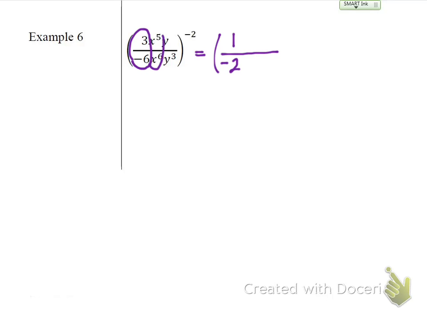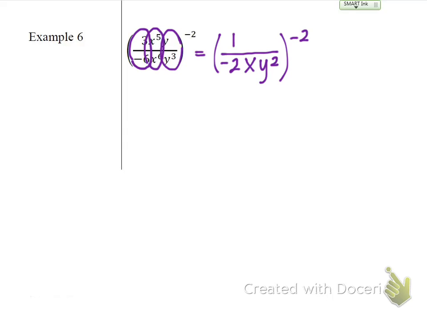Then I have x to the 5th over x to the 6th. Where will my x's end up? Top or bottom? And how many of them? Just 1. Then I have y over y to the 3rd. Will they end up at the top or the bottom? Bottom. And how many? 2. So that's going to be y squared. All of that to the negative 2 power.